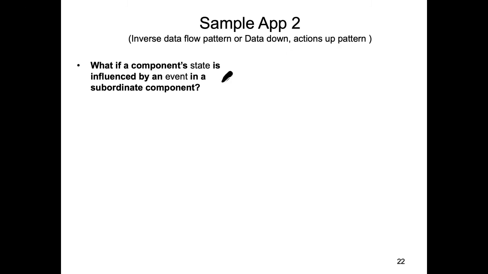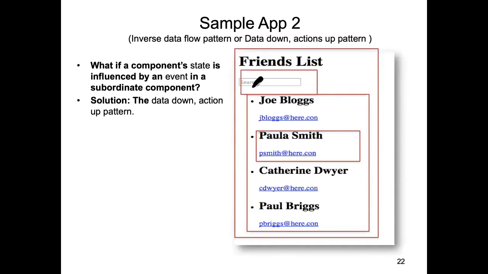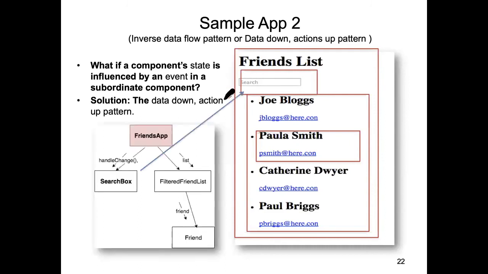And how do we actually achieve this? The short answer is, we implement the inverse data flow pattern, or the data down action up pattern. And what it really means is, and I'm illustrating it now again with our Friends app, our Filtered Friends sample app. I've redesigned this app as follows. I've decided to put the text box into a component of its own. Okay, that's this component over here.